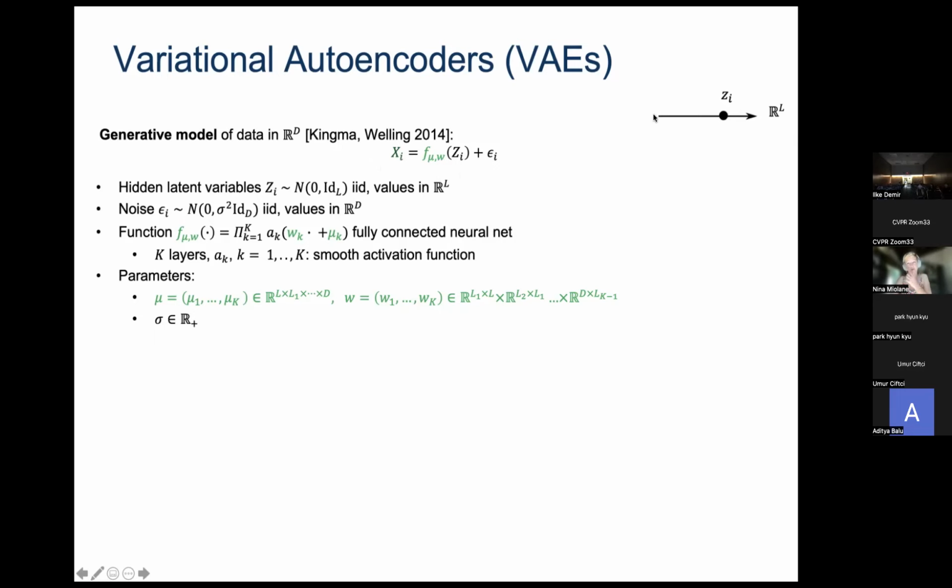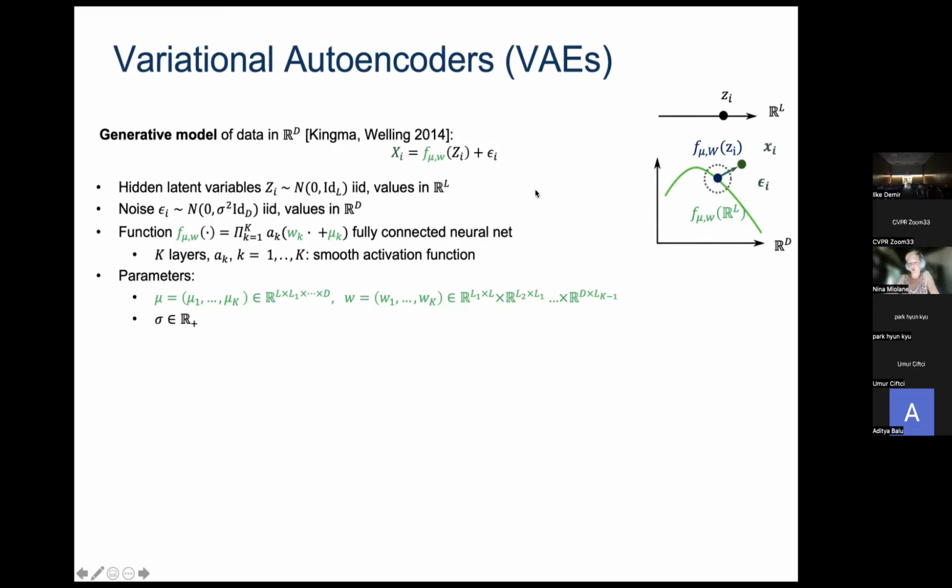From a geometric perspective, zi are assumed to belong to a lower dimensional latent space that I write RL. Then this zi passes through the function f of mu and w, which can be the neural network. By passing through this function, it becomes an element of the higher dimensional space RD. This is the blue point in the illustration.